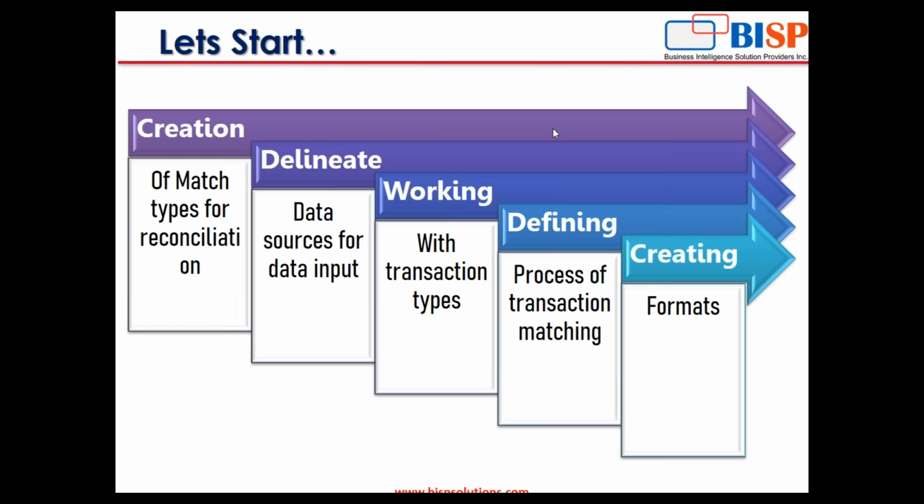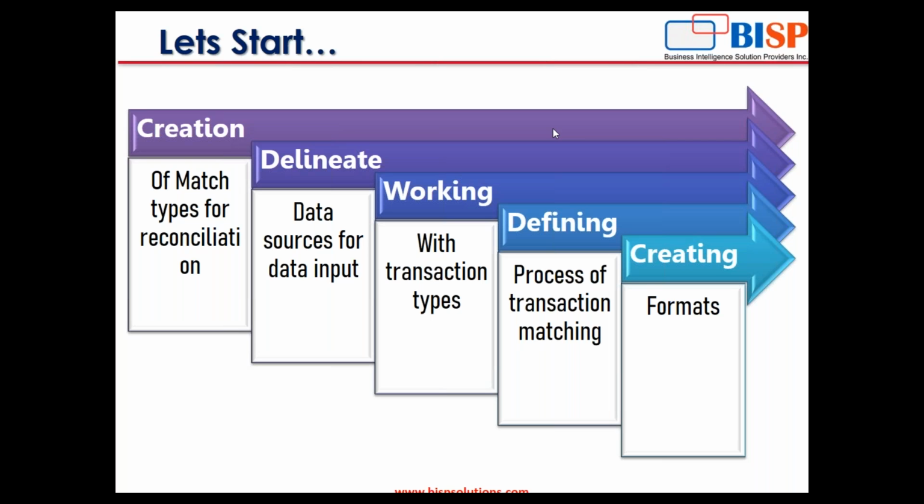Looking at it from the administrator's point of view, the transaction matching module of Oracle ARCS involves setting up certain tasks that need to be performed for transaction matching. My first step is the creation of the match types for reconciliation.